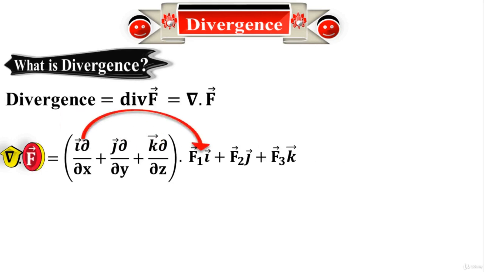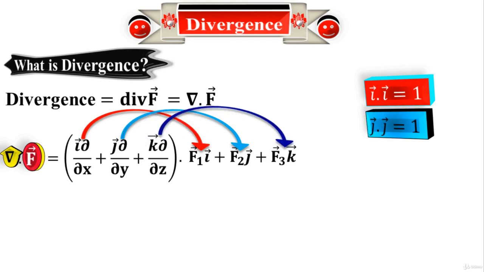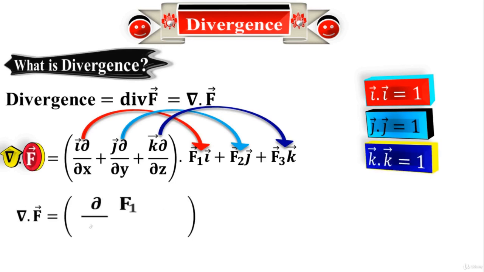When I take the dot product, i times i equals 1, j times j equals 1, and k times k equals 1. So finally I am left with the divergence equals partial f sub 1 over partial x plus partial f sub 2 over partial y plus partial f sub 3 over partial z.